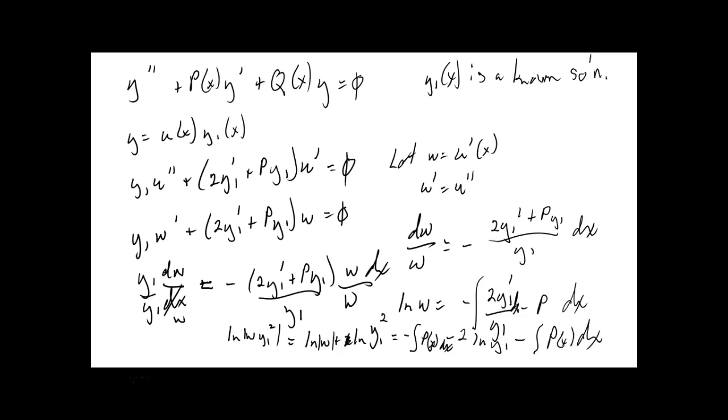Now, I need more room. So I'm going back up right up here and write down what we've got so far. If you take an exponential of both sides of this, that gives you w y1 squared is equal to e to the minus integral p of x dx.